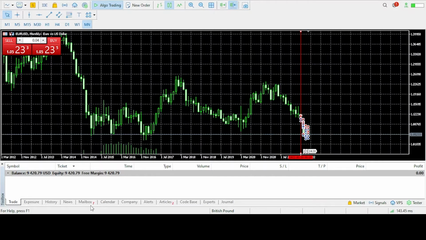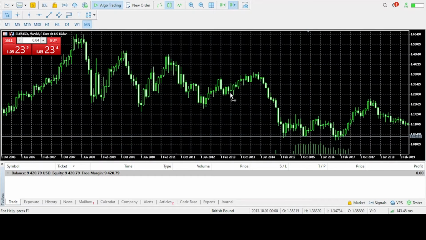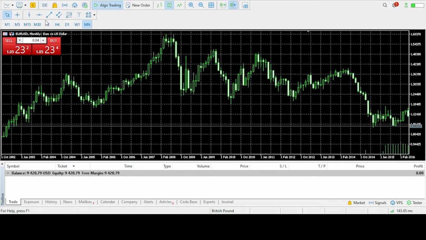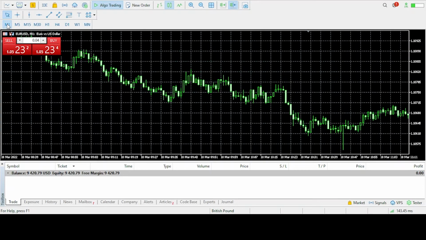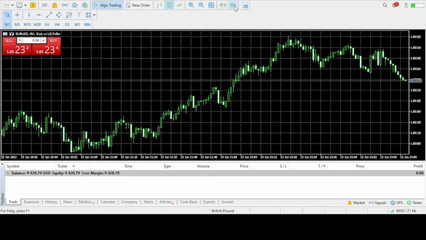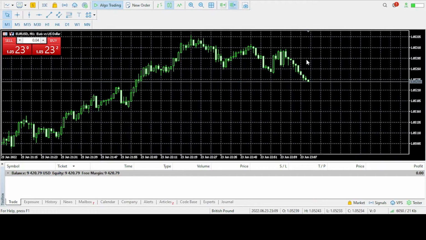So whenever you trade, it's very important for you to see which time frame you're on, because that will help you analyze whether the trend is going upwards or downwards. For example, in the M1 chart, let's go to the end here.